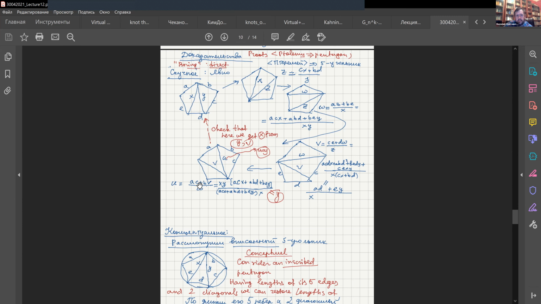And if we calculate it carefully, we will see that this is nothing but y. So everything cancels in the numerator and the denominator. And here, if I take y, and instead of v, I want to calculate this edge, I will immediately see that this is x and nothing more. And this is left to you as an exercise.